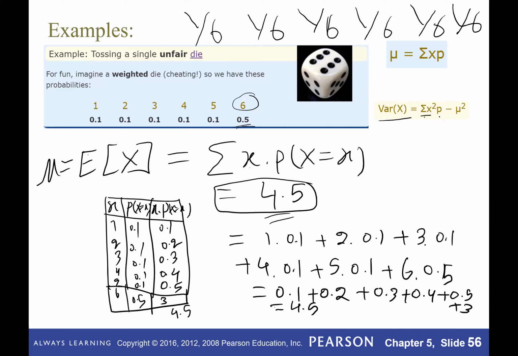So now you just need to calculate the summation of x squared times p. That means first you calculate x squared and multiply with p, then add them together. That will give you this number, minus 4.5 squared. Then you will get the variance.